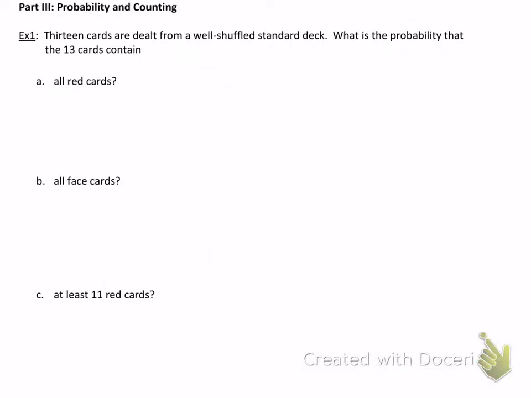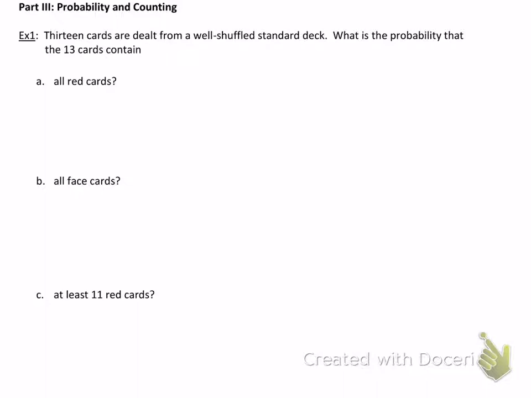Okay, part 3 is probability and counting. We're going to work with combinations like we've worked with before. So I have 13 cards dealt from a well-shuffled deck. What is the probability that the 13 cards contain all red cards? We have a bunch of options here.